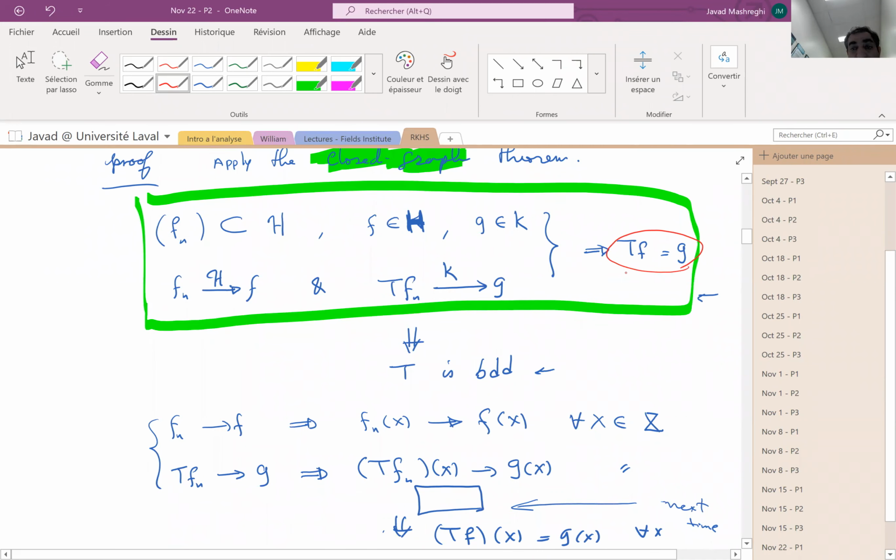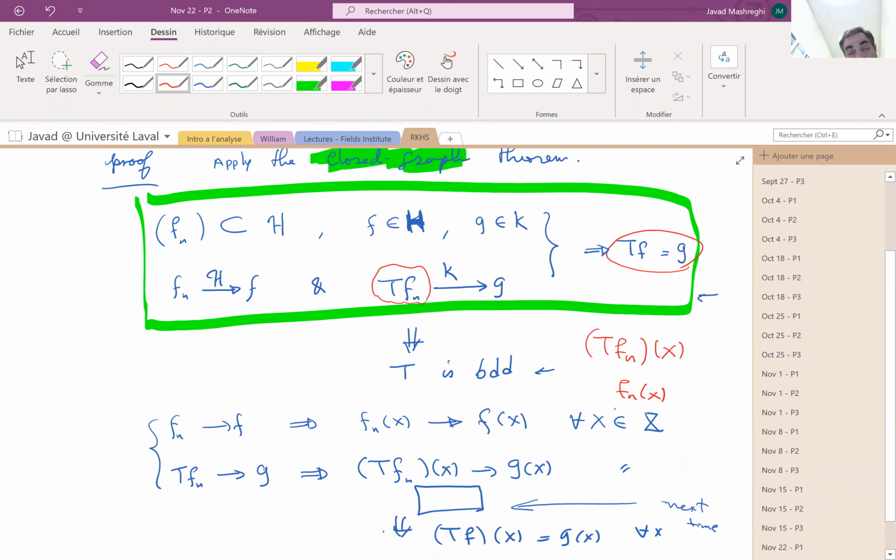And the reason is that I need more information on TFn at the point X and its relation to Fn of X. I didn't add that in this lemma. I wanted to generalize, and I can tell you why, because I remember. In the application, I didn't need this because TFn was precisely equal to Fn.